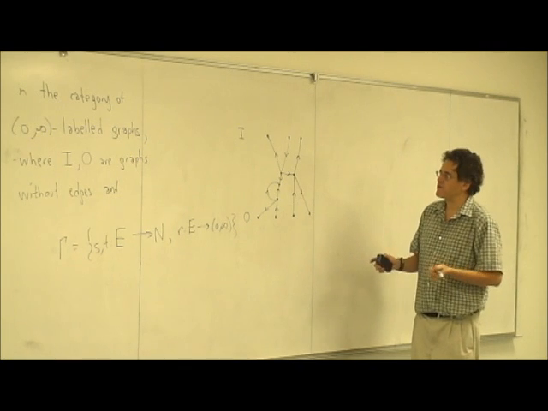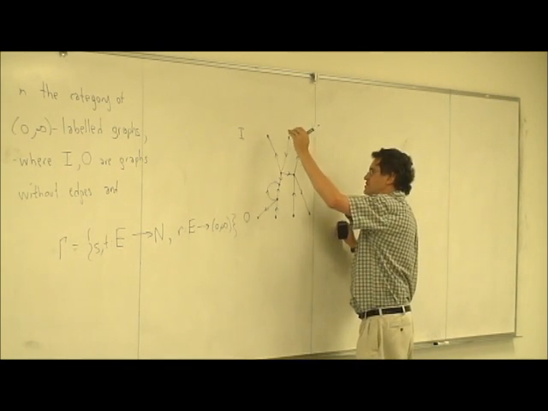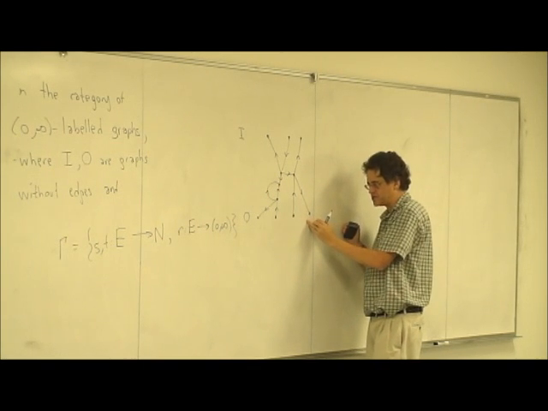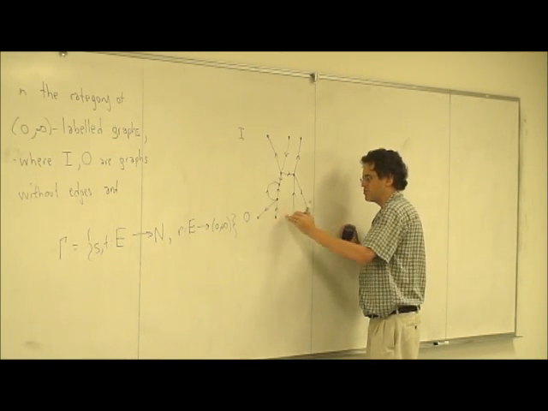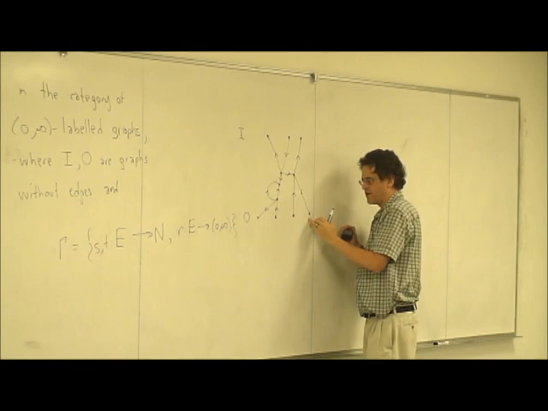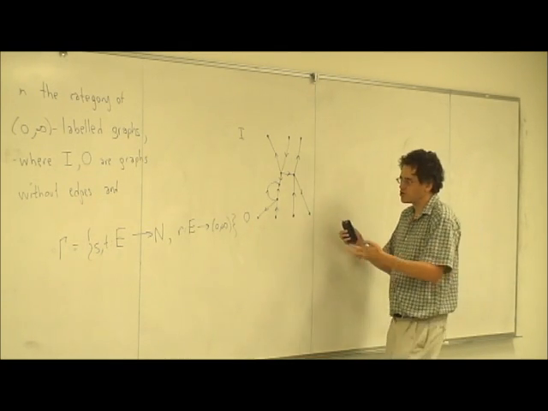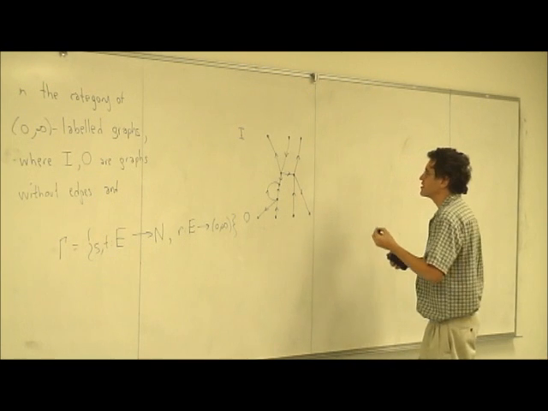Or another way to think about it is you set the value of something called the electrostatic potential at these terminals, these special nodes here and here, and that typically will determine what the current is.